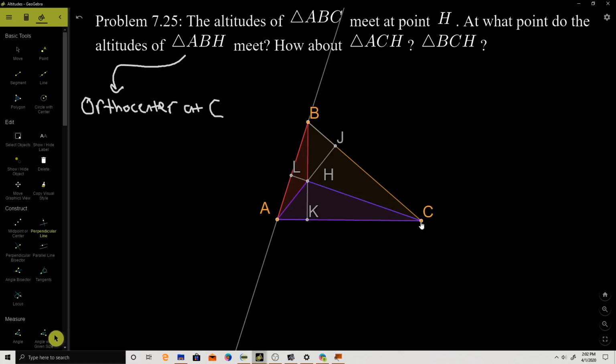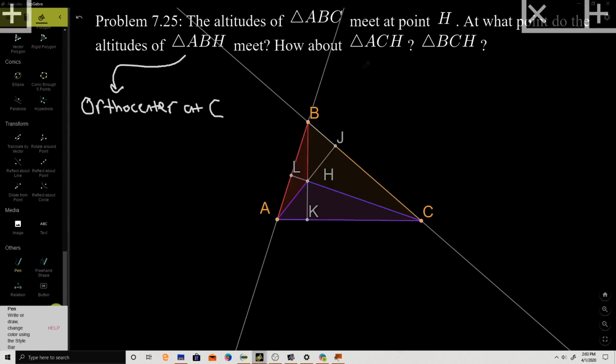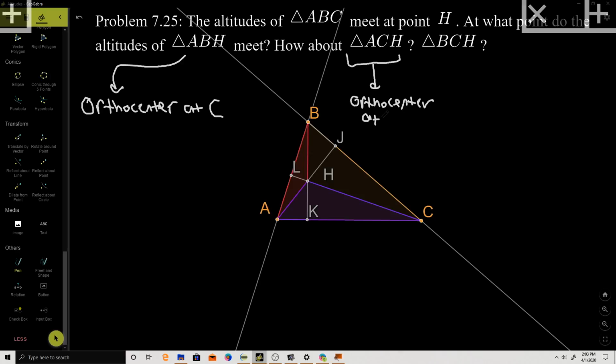Well, how about C? If I draw the altitude from C, it has to hit AH, or the extension. And, well, what do you know? It's actually hitting at the location B. So the orthocenter is at B.